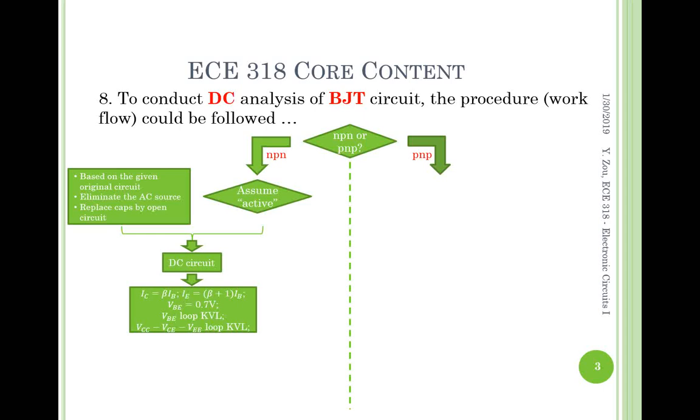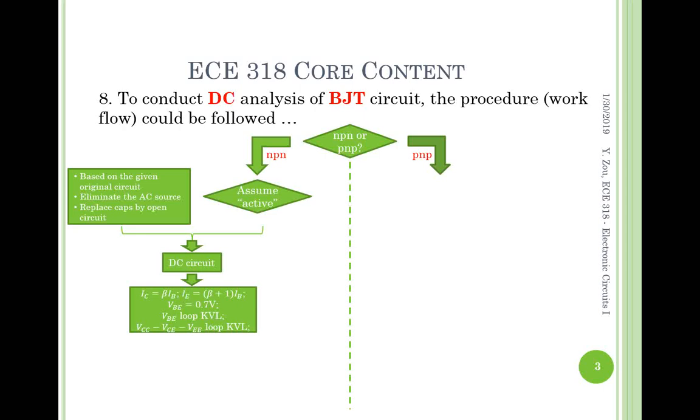The equations include the relationship between IC, IB, and IE in terms of the gain beta, and also a constant voltage between terminals E and B, 0.7 volts or any other given value.